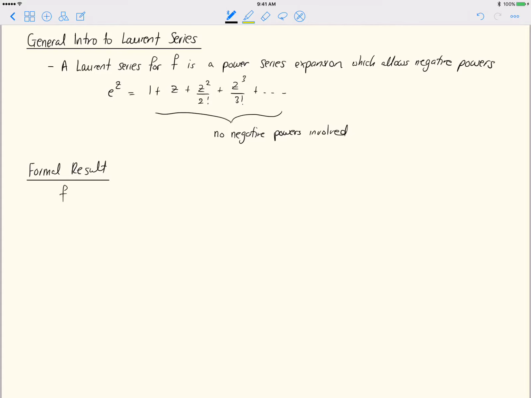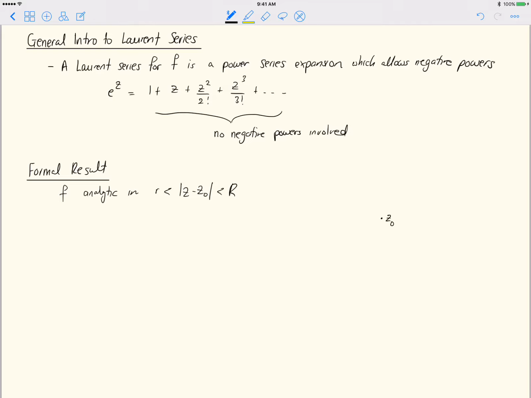Suppose you have a function f which is analytic in some annulus, so some region like this. Maybe I should draw what this annulus looks like. So you have a point z0. In most cases, we're going to consider the case where f is not defined at z0, or in other words, z0 is a singularity.